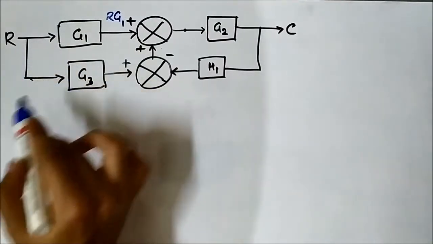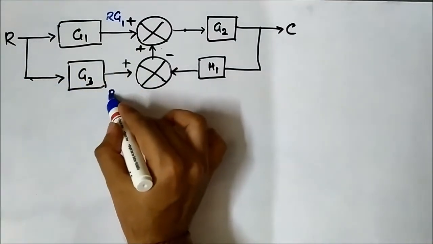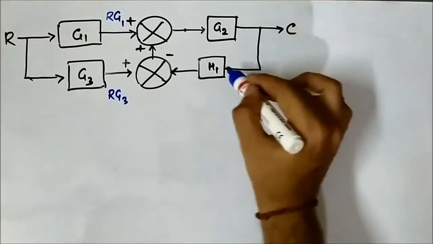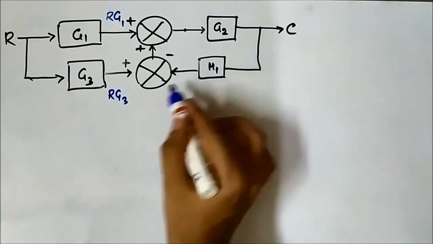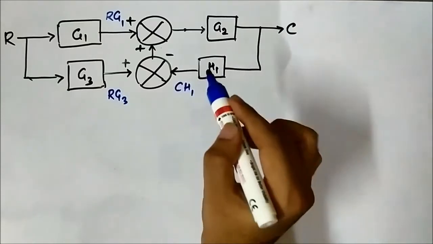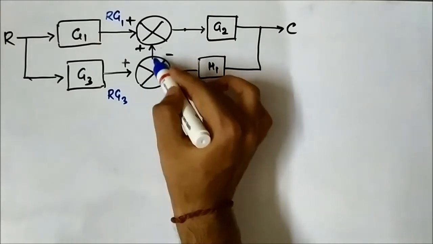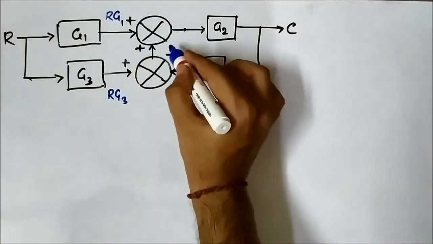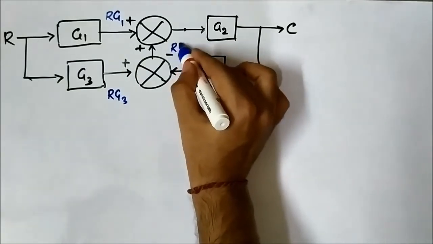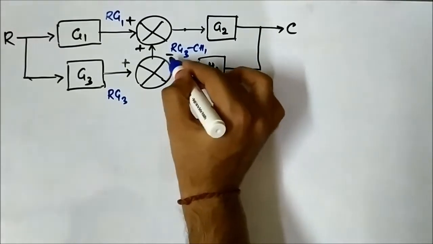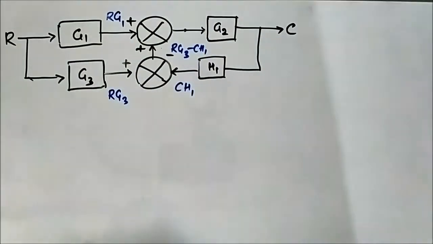Here also it is R, so it is R G3. Here it is C, the output, which is given in feedback to H1, so the output of this block is CH1. The input to this point of the summer is RG3 minus CH1, because this is a negative feedback connection.